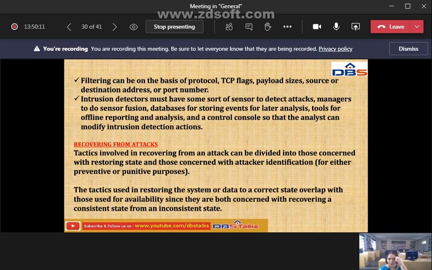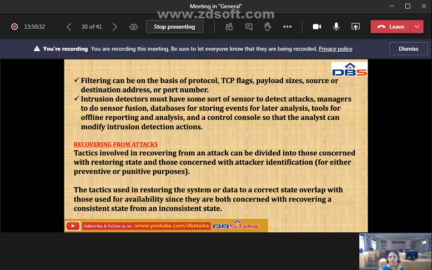So, first, we restore the state, and second, we identify the attacker.